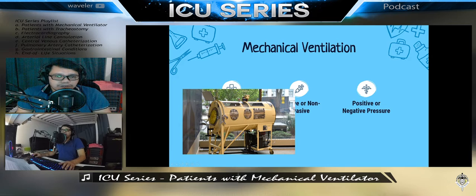As you can see, this is quite big, and the body of the patient is inside this chamber, and the head would protrude on this part here. The machine will generate negative pressure so that the air will get inside the lungs of the patient.